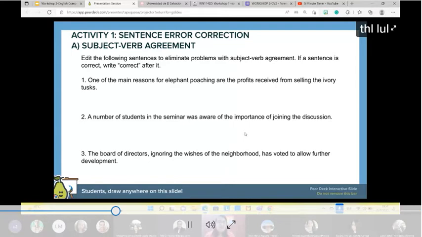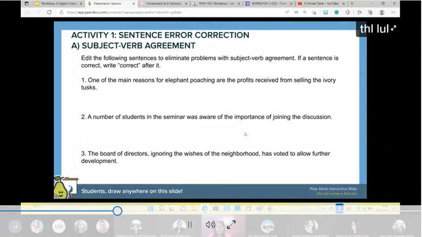One of the main reasons for elephant poaching are the profits received from selling the ivory stocks. A number of students in the seminar was aware of the importance of joining the discussion. And the board of directors, ignoring the wishes of the neighborhood, has voted to allow further development.